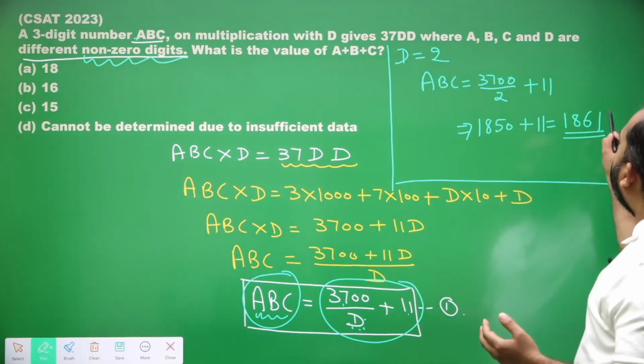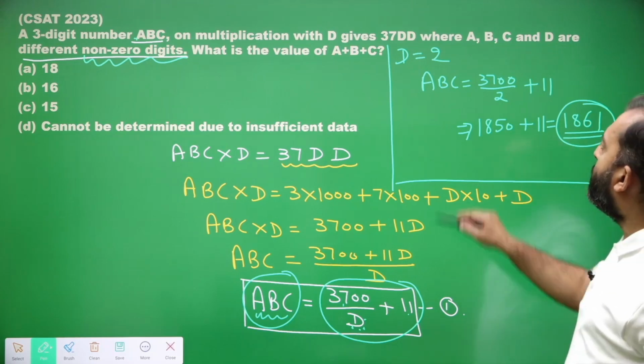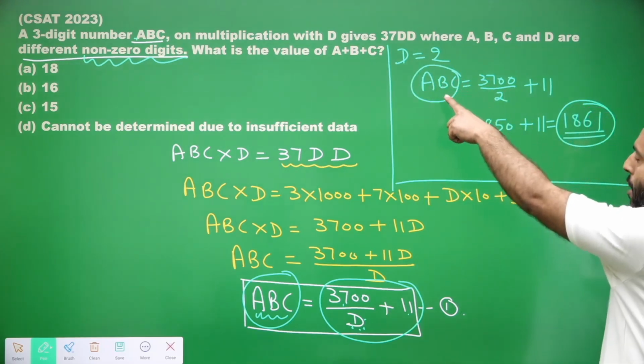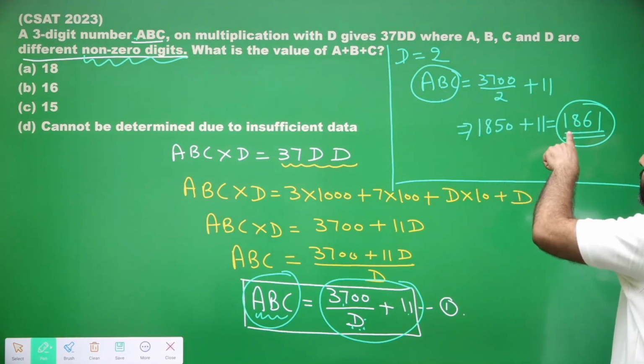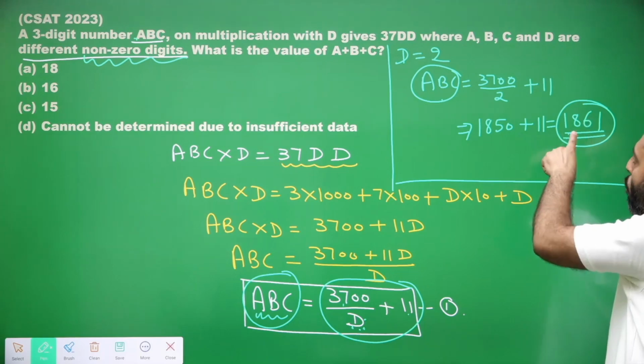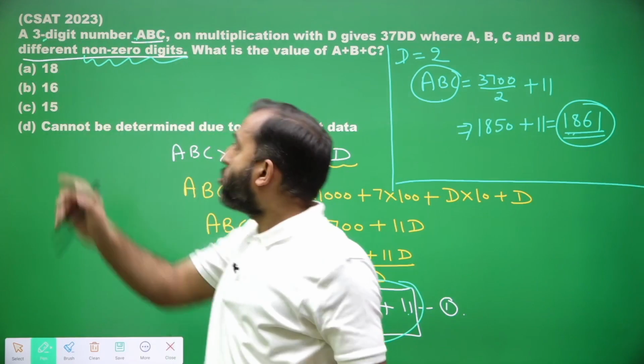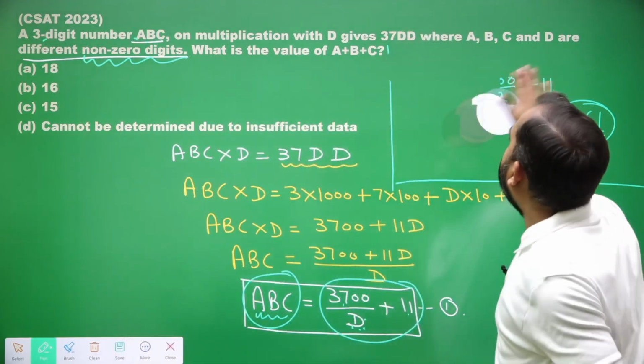Now again, 1861 is a 4-digit number, which is the value of ABC. I want ABC to be a 3-digit number, so D cannot be equal to 2 as well.